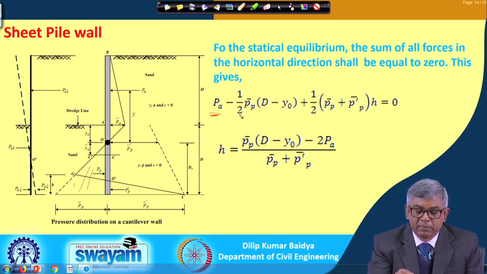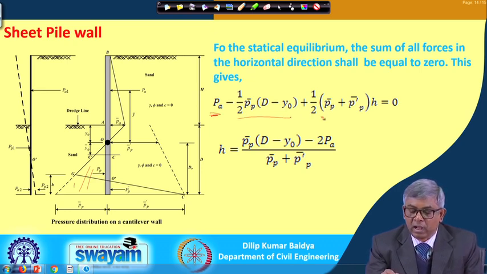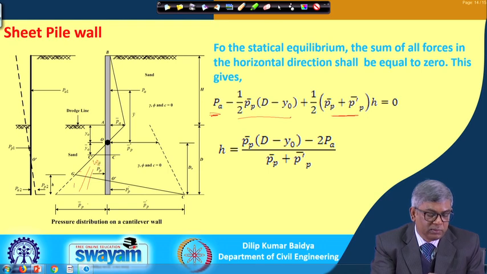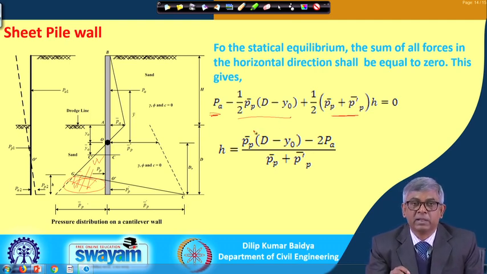So, P a minus this plus half times P p bar minus P p bar dash. So, this is actually P p bar dash plus P p bar, this area. That means I need to take this area, but I have taken this area, and because of that I am now taking this area. So, that means twice, once plus and once minus, so this will ultimately be eliminated. This is the way it is done.